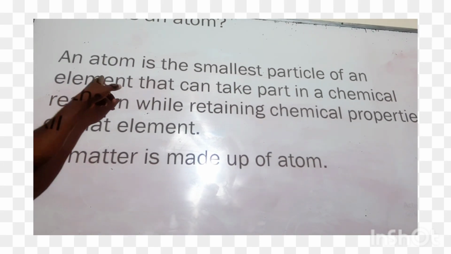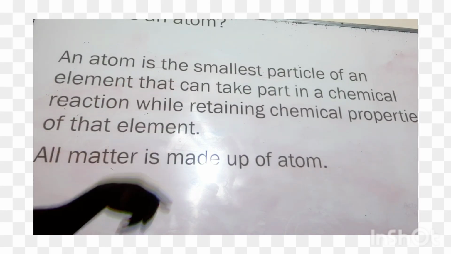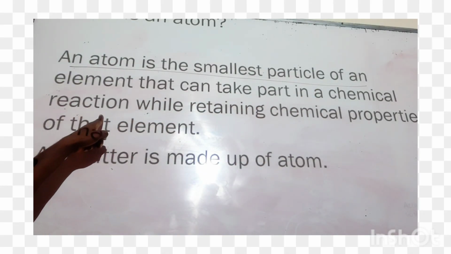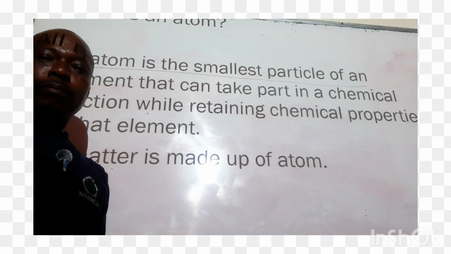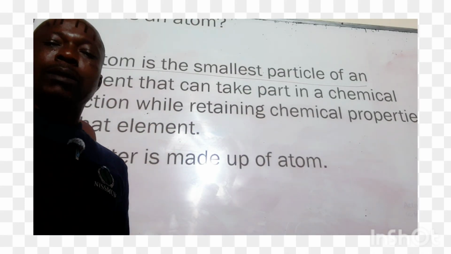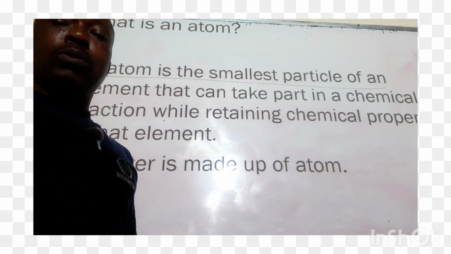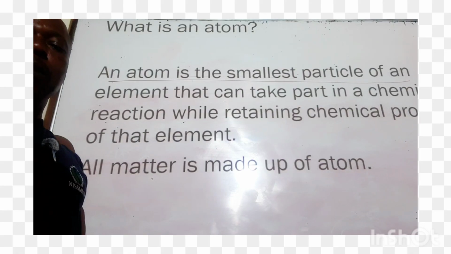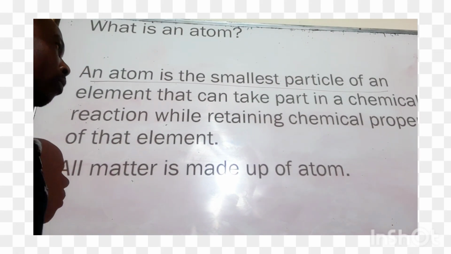We say that an atom is the smallest particle of an element that can take part in a chemical reaction while retaining the chemical property of that element. The smallest particle of an element that can take part in a chemical reaction but still retains the chemical property of that element is what we call an atom.